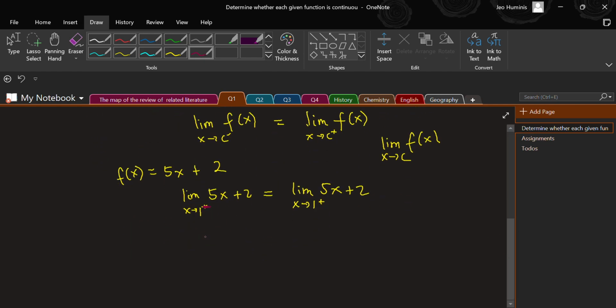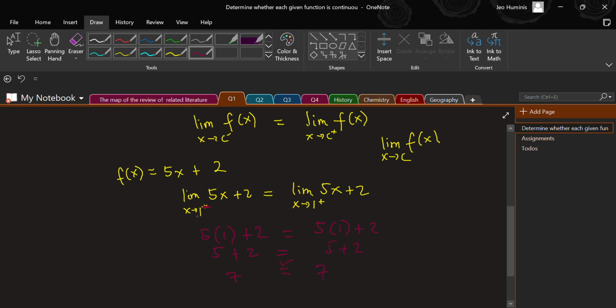So let's plug in the values. We have 1 times 5 is 5 plus 2 is 7, equals 5 times 1 plus 2, which is 5 plus 2 equal to 7.